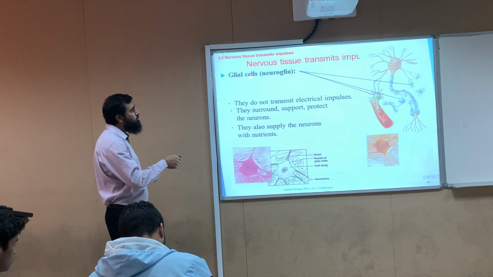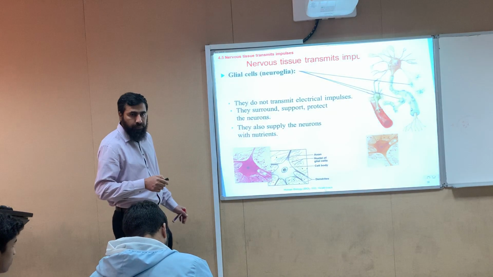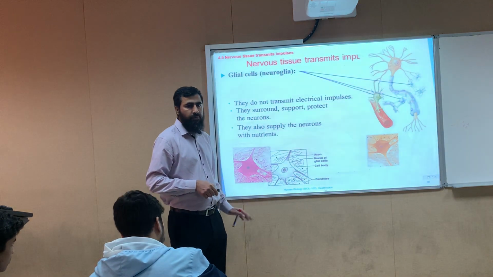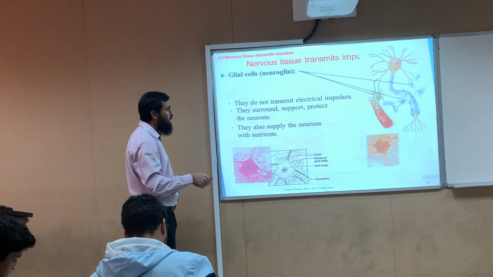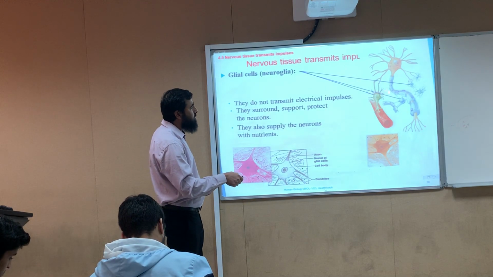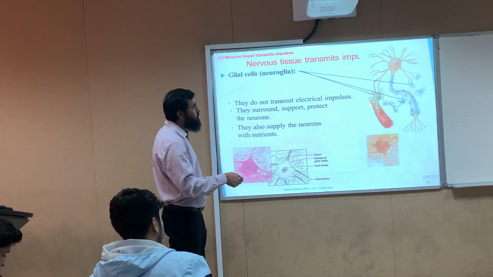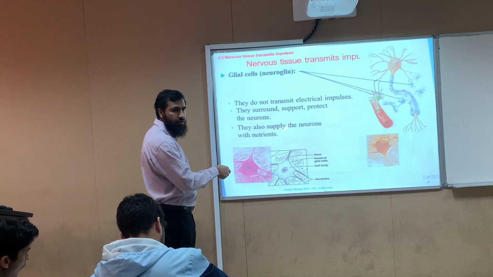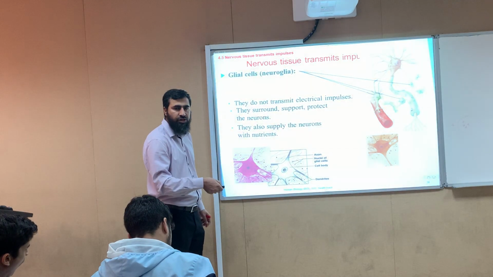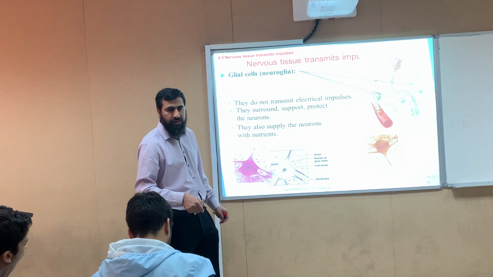So the second type of cell we find is the most abundant, okay? The most abundant cells we find are the glial cells, or we call them the neuroglia. We find three types. One type is for supplying the neuron with nutrients like oxygen and glucose and amino acids and so on.